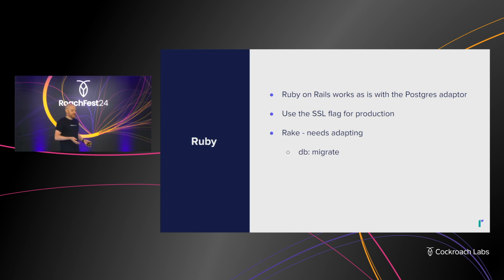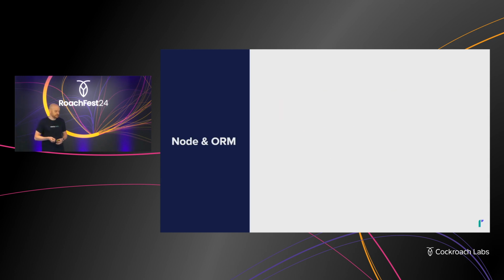So we needed to adapt db:migrate and db:test:prepare, which are both used to create the schema migrations. They needed a bit of adapting with the kind help of CockroachDB support engineers. We managed to solve that also.